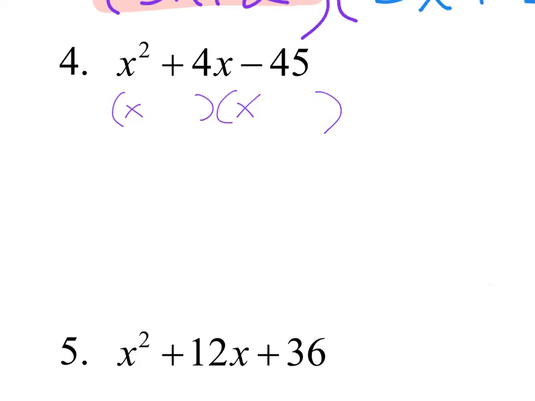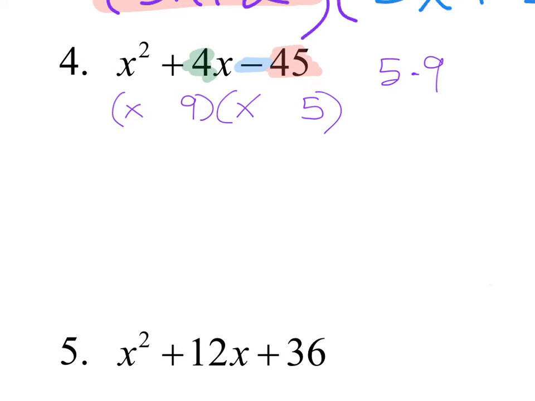All right, so now I have factors of 45 that subtract to 4. Factors of 45, the easy ones are 5 and 9. So if I subtract those two numbers, I get 4, which is what I'm looking for. So I have 9 and 5.